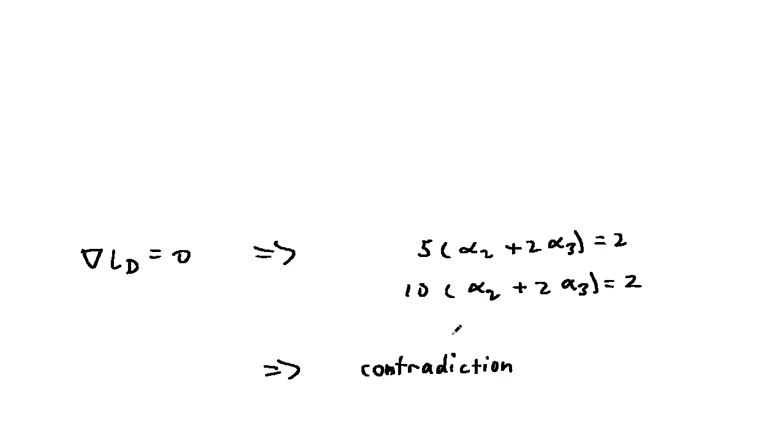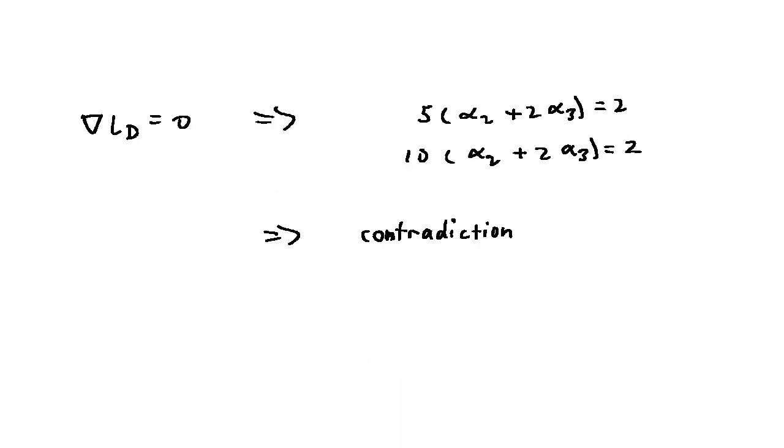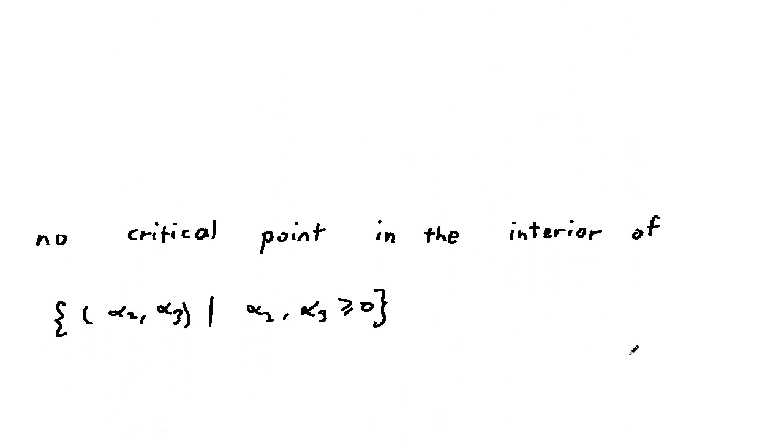But we get a contradiction. So this system of equations has no solution. So there is no critical point in the interior of the positive orthant, alpha 2 and alpha 3 being greater than or equal to 0.